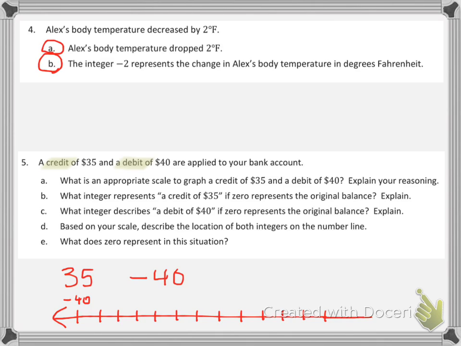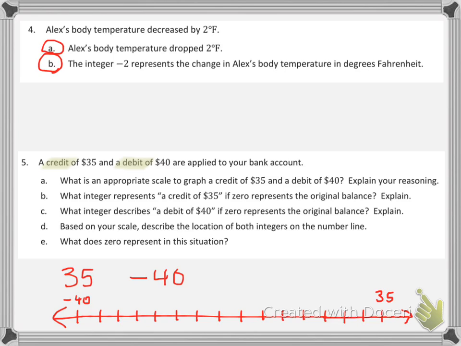Okay, let's keep going. 25, 30, 35. So that's about where it would be. And I could fill all these in, and should. But that would be our graph, so that we could fit both negative 40 and positive 35 on there.